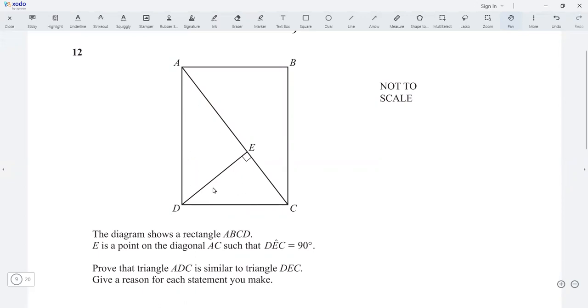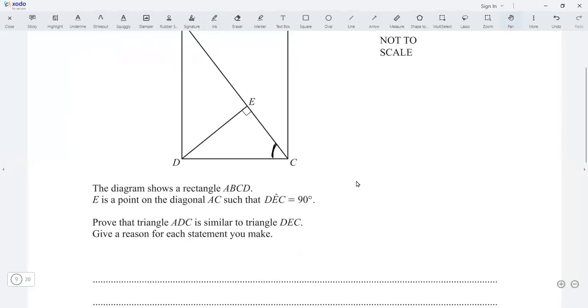It looks like a right angle triangle. The other one is DEC. The first thing which we have seen is that there is one of the angles which is common in these two. So we can see this angle is common in both of them.